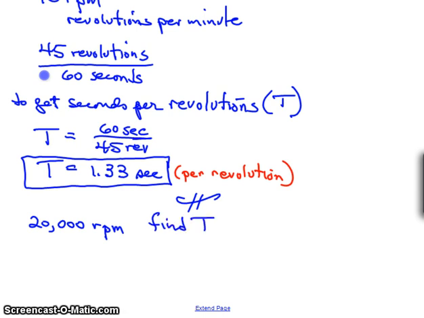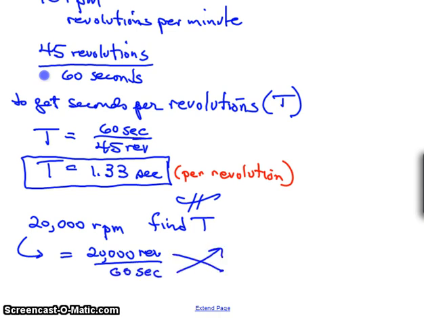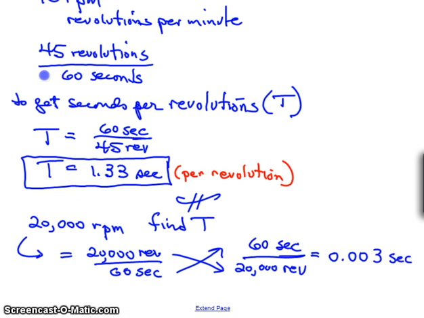Well, then this is going to be equal to 20,000 revolutions occurring in 60 seconds, and then we want to invert that so that we get 60 seconds in 20,000 revolutions, and that turns out to be just 0.003 seconds per revolution.